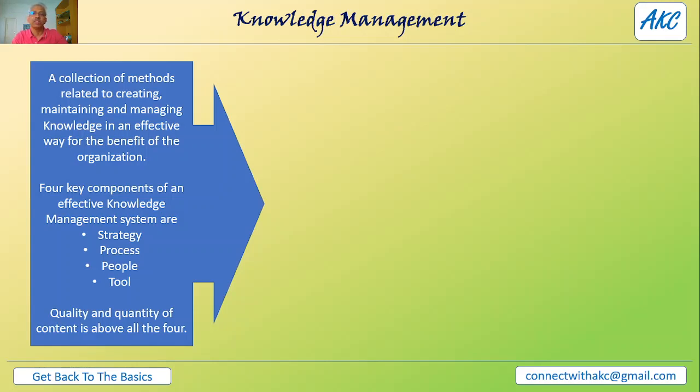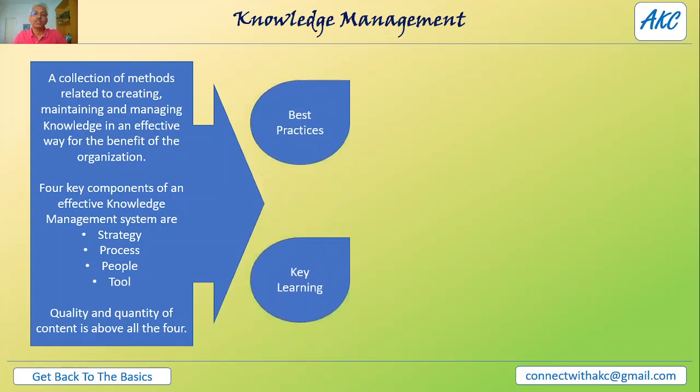You can have all other kinds of documents as well. What I'm going to talk about is two specific kinds of knowledge content. This is called best practices and key learning. Now, as part of this common approach, these are the two which we will see an impact of.